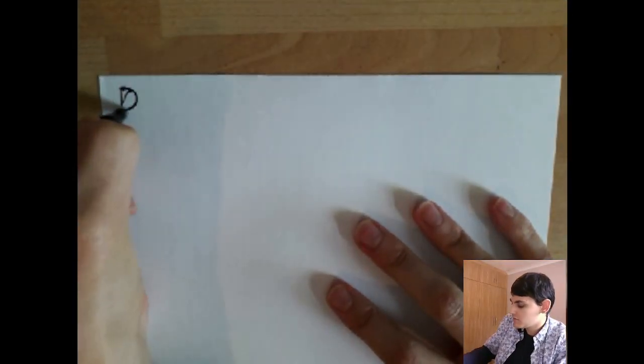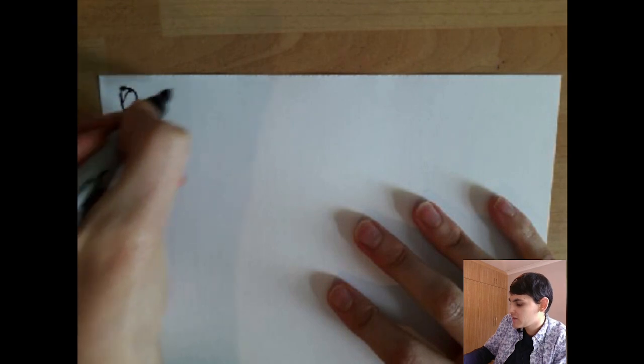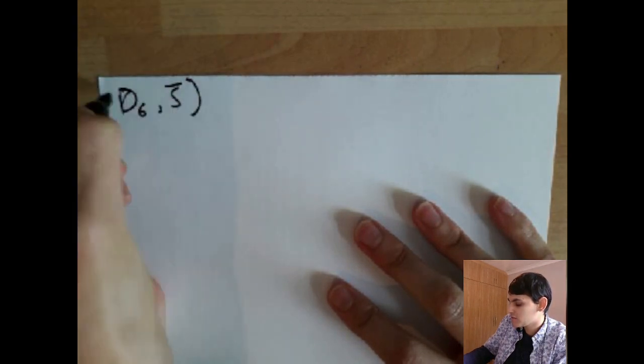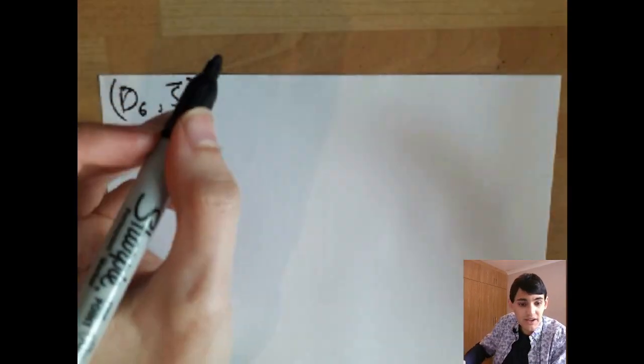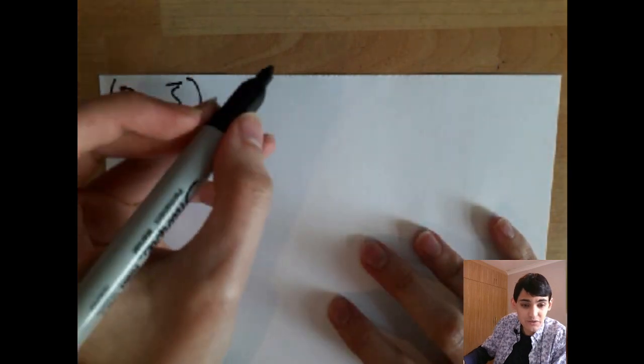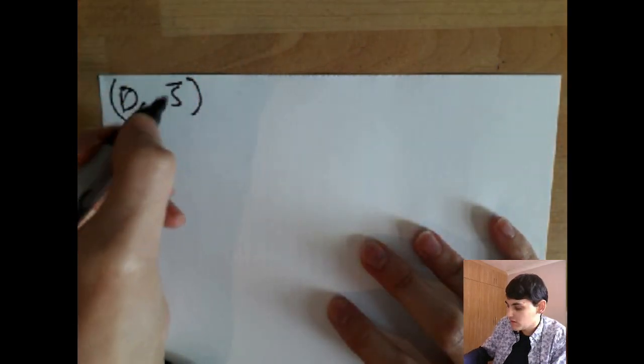So we've got D6 and we're using the generating set S bar. Let's think about an interval in this.